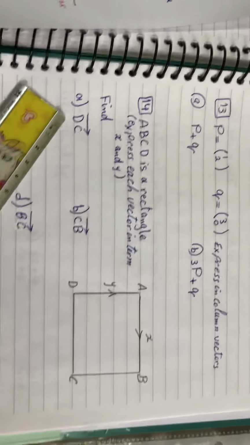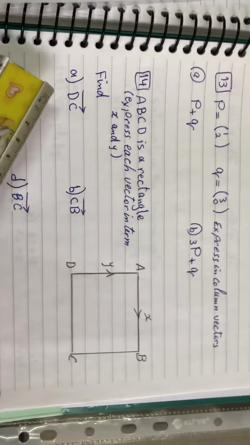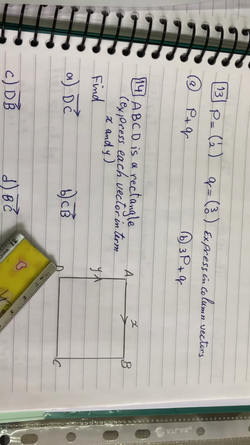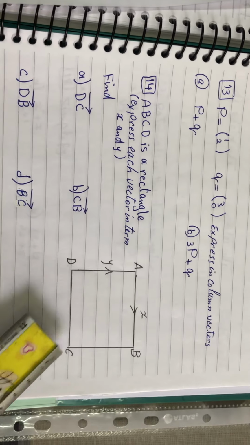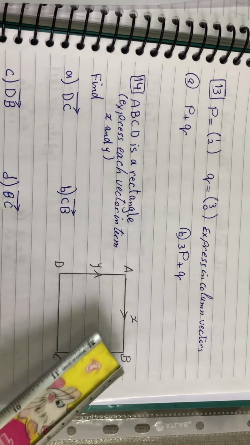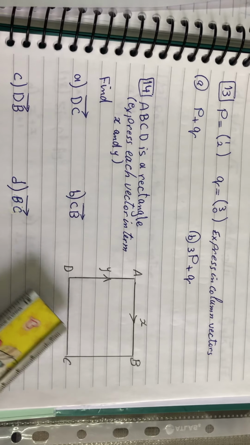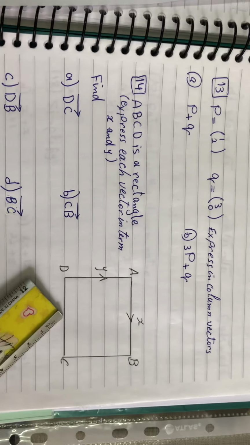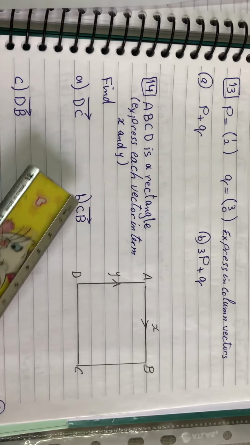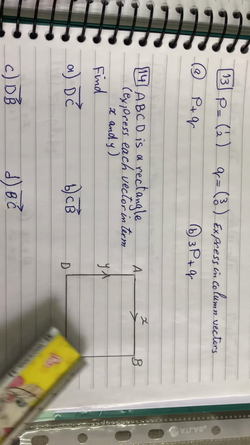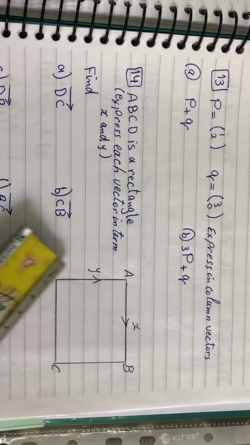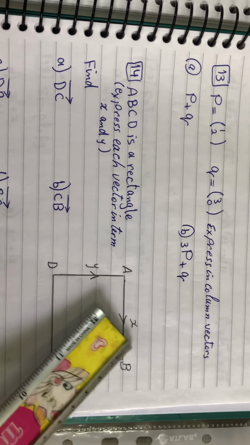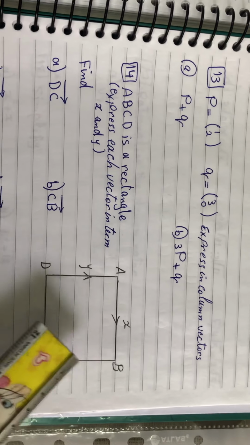I said to you, walk in order: from D to C. DC is parallel to AB and takes the same direction, so I express it as X. I want CB. CB is parallel to DA and takes the same direction. So CB is Y.